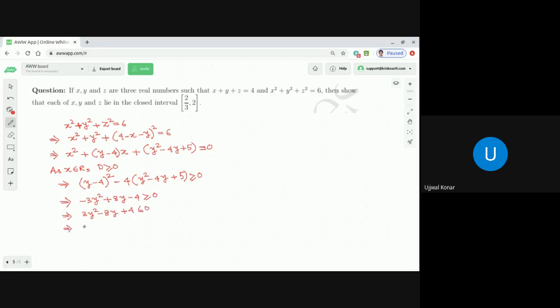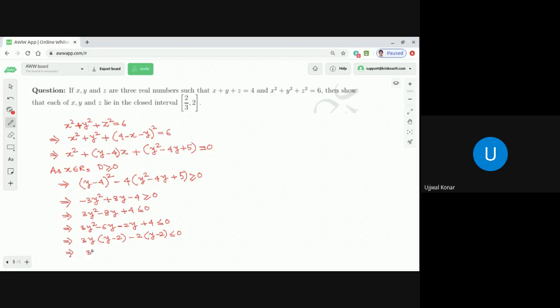And we can make a middle term factorization, dear students. So we get 3y square minus 6y minus 2y plus 4 is less than or equal to 0. So you get 3y common, then y minus 2, minus 2 common, y minus 2, less than or equal to 0.